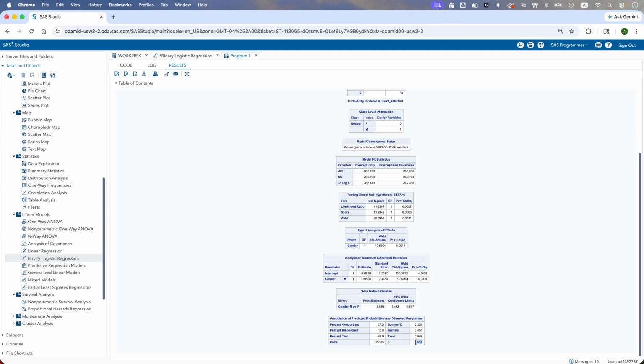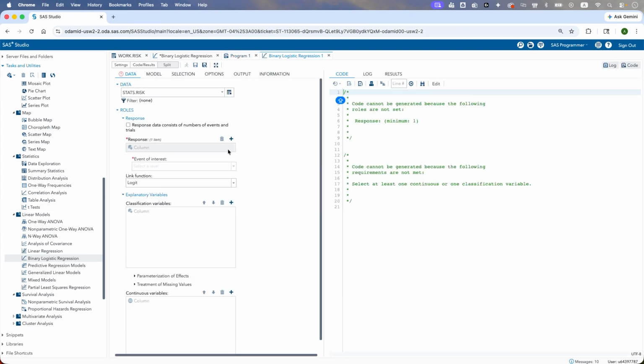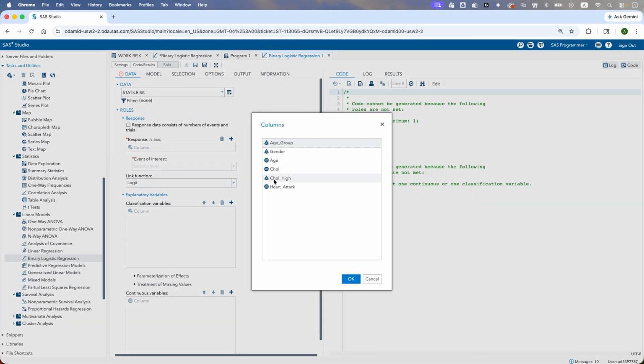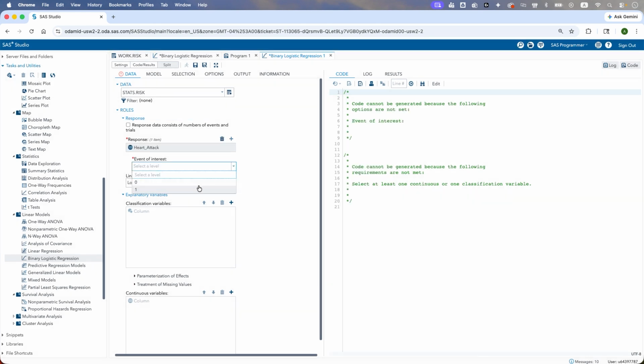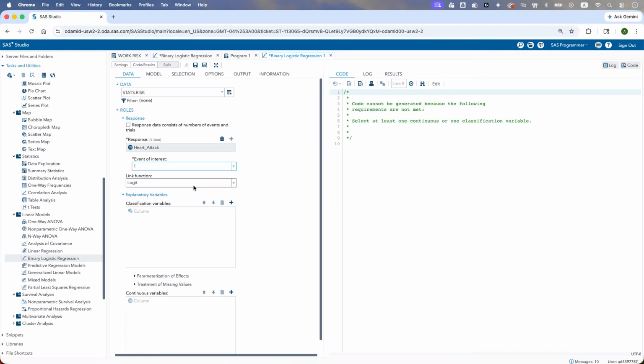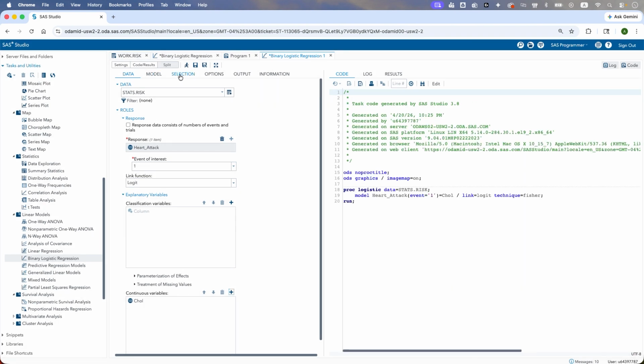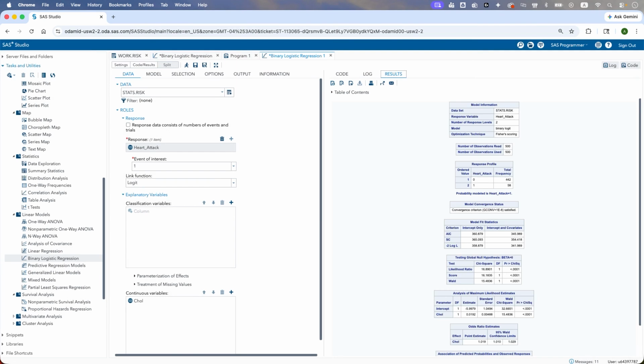Let's develop another model and do what's so-called a continuous predictor. Let's just enter a continuous predictor. So this is the heart attack. We care about the ones who are having a heart attack. Now we have a continuous variable, which is the cholesterol level. And I am going to run this, okay? The same information that we had before.